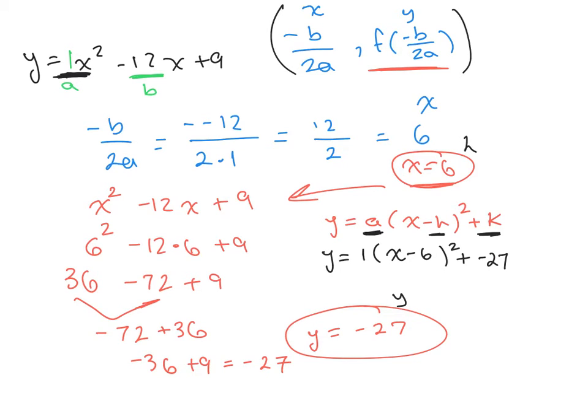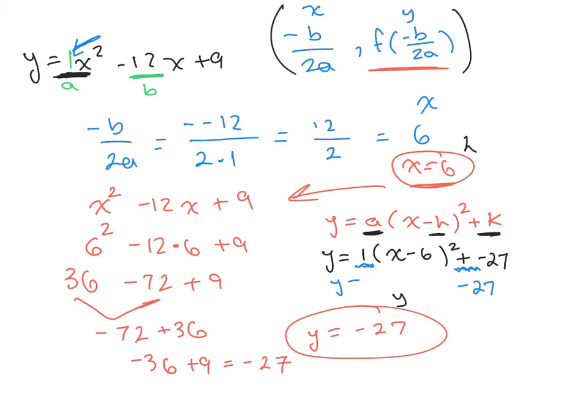So you could leave it like this, but there are two issues. You don't really need the 1. Remember how originally the 1 was invisible in front of x squared? We want to do the same thing. And the other issue, this plus minus: it's much simpler if you just write it as negative 27.